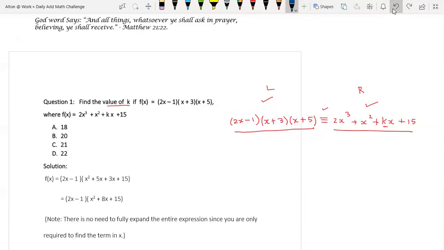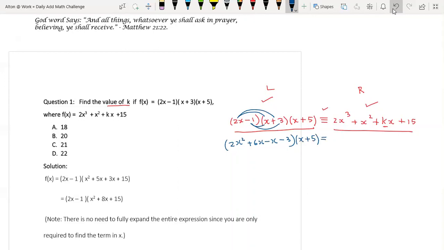Let's go again. 2x multiplied by x, that will give me 2x squared. 2x multiplied by 3 will give me plus 6x. Minus 1 by x, minus x. Minus 1 by plus 3, minus 3. Of course, I still have to multiply by x plus 5.